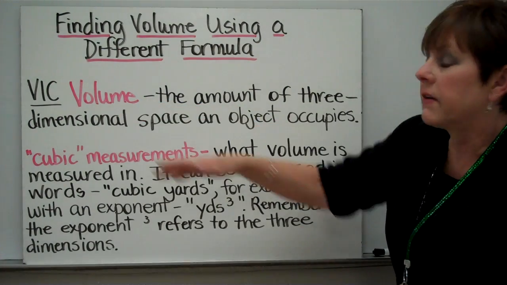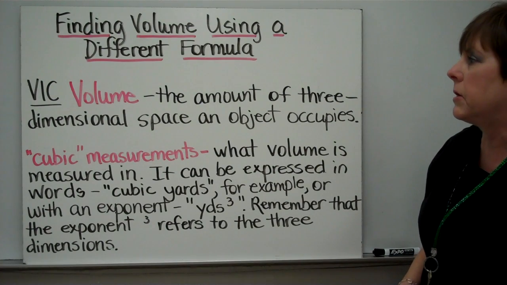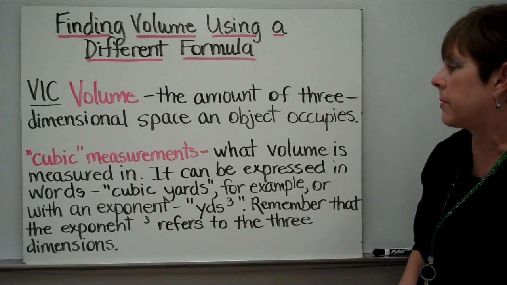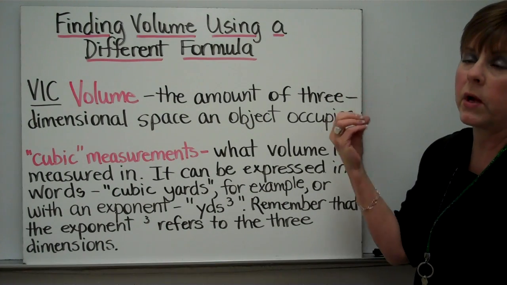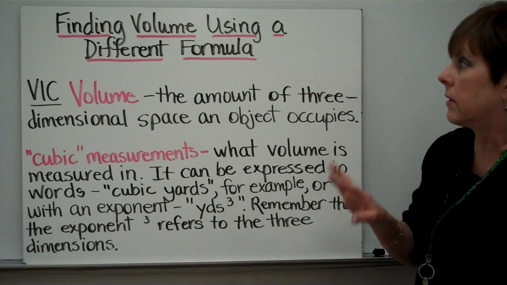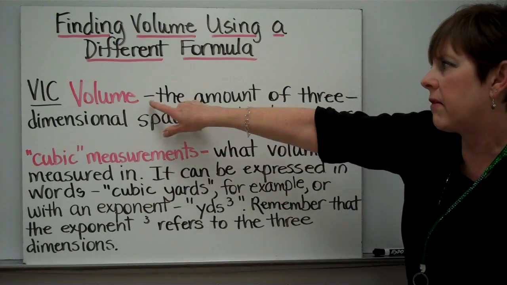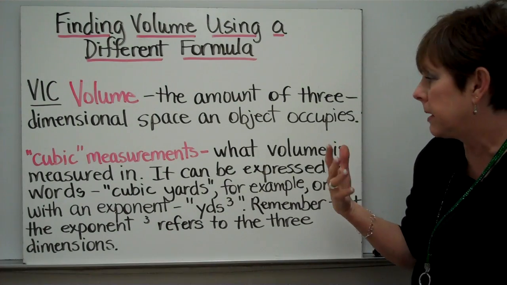Again, the VIC is volume, all right, and volume is the amount of three-dimensional space an object occupies. Volume always refers to 3D, height, width, and length, whereas area is only length and width. When we talk about volume, we always talk about something being measured in cubic measurements.